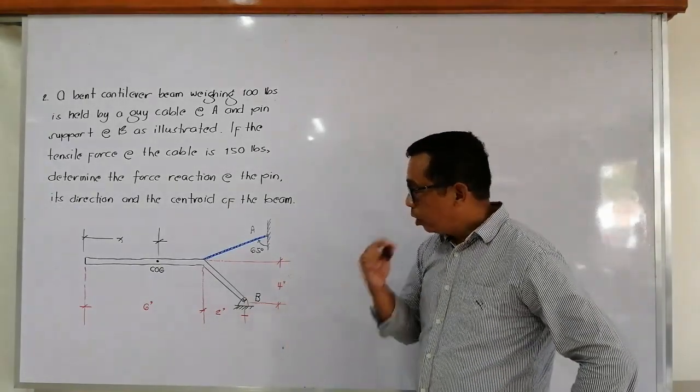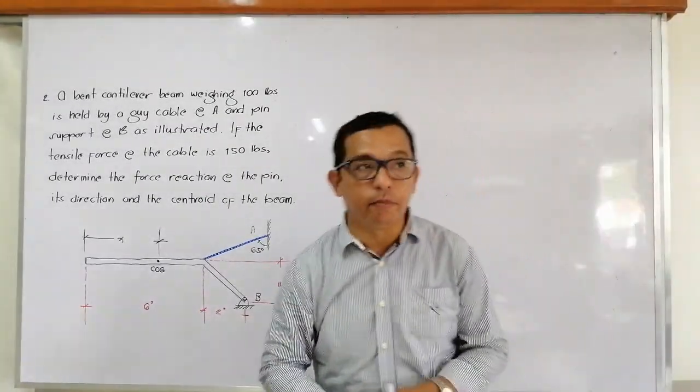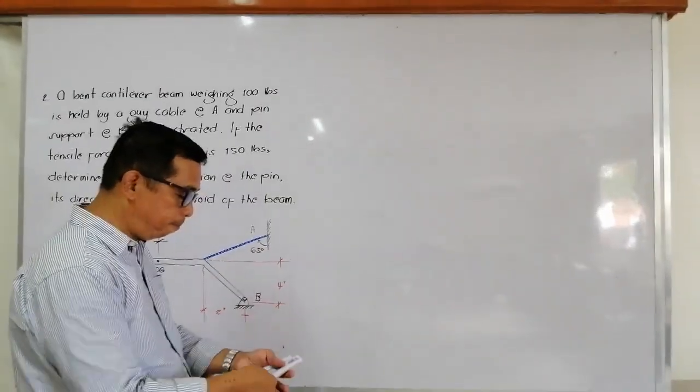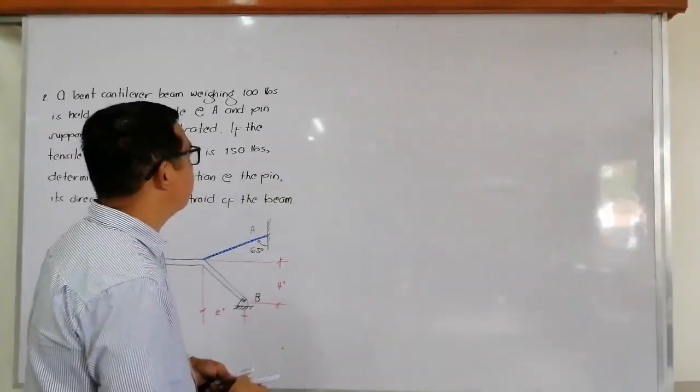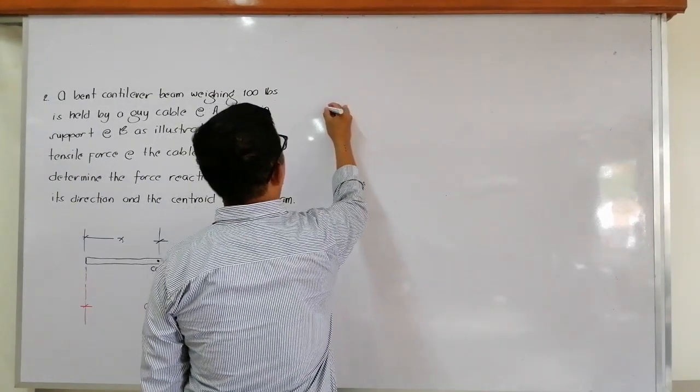So, to start, let's have an FBD of the mechanical body, that is the bent beam.